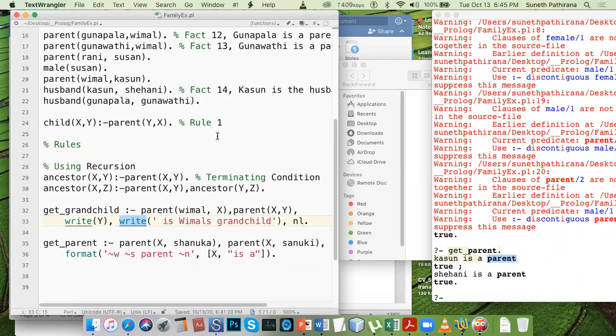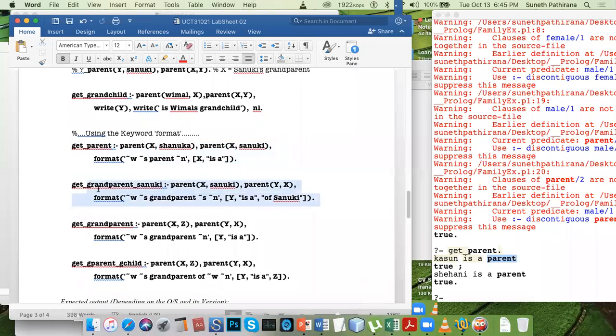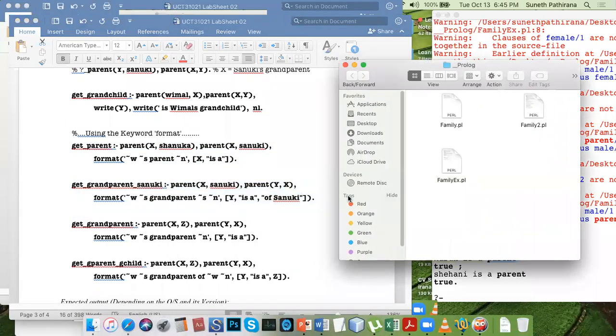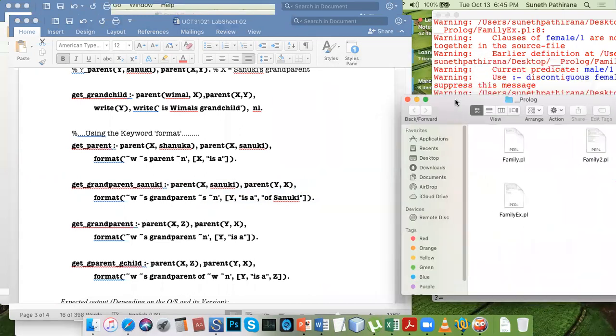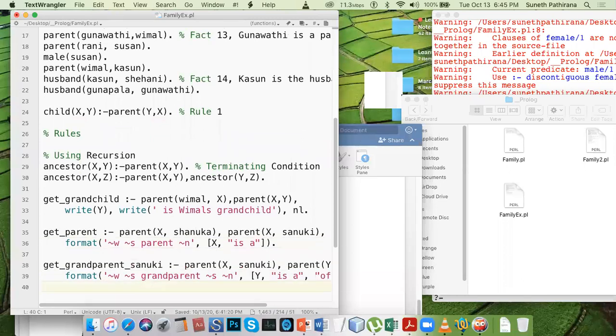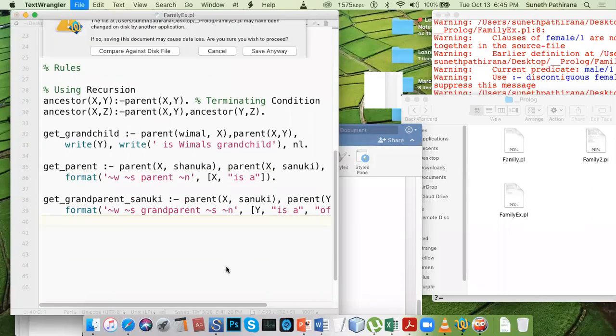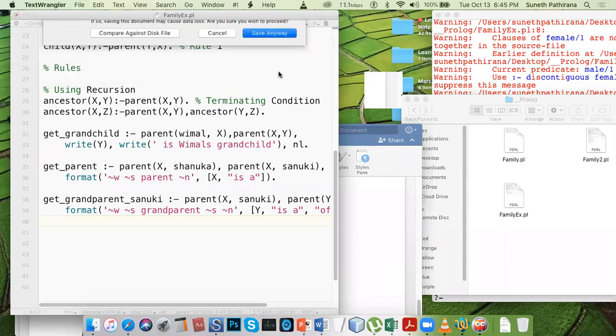Okay. We keep adding more content. Okay, I have defined a function to figure out the grandparent of Sanuki.